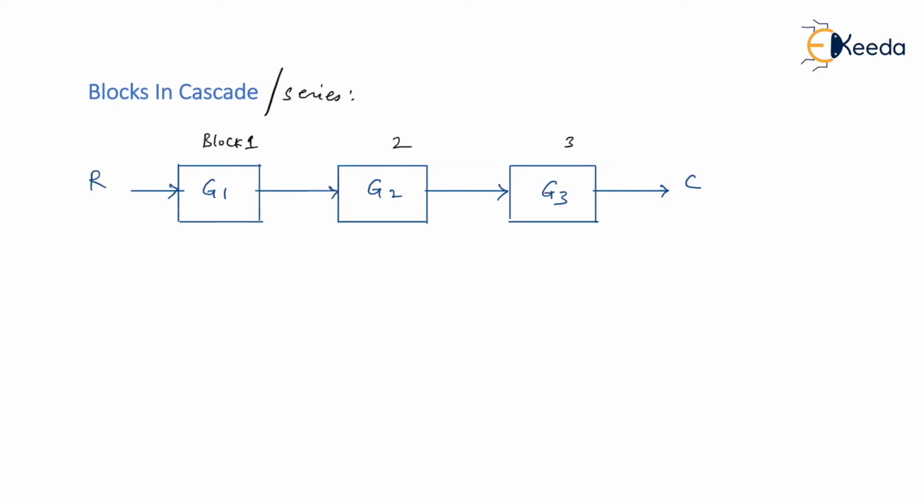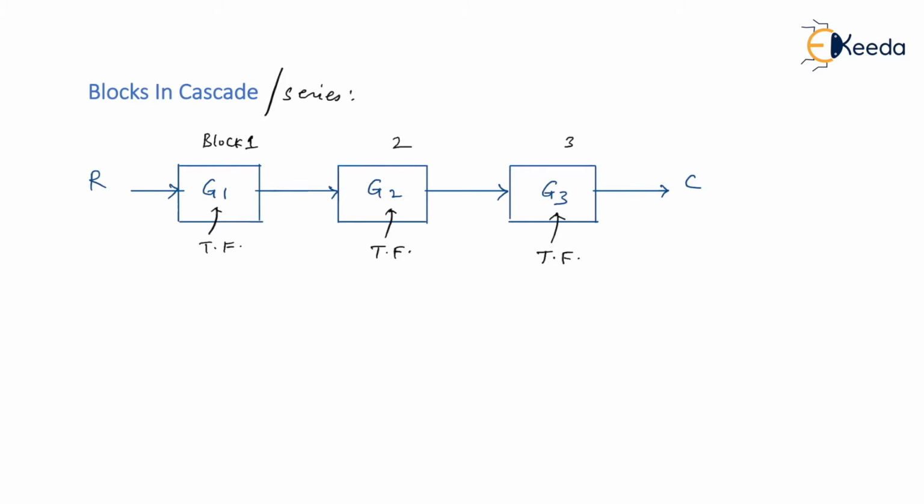So this G1 is nothing but a transfer function. Please remember, when I'm writing only G1, it does not mean it is only G1. It is G1(S), because everything is in Laplace domain now. G1 is the transfer function of block number 1, G2 is the transfer function of block number 2, and G3 is the transfer function of block number 3.